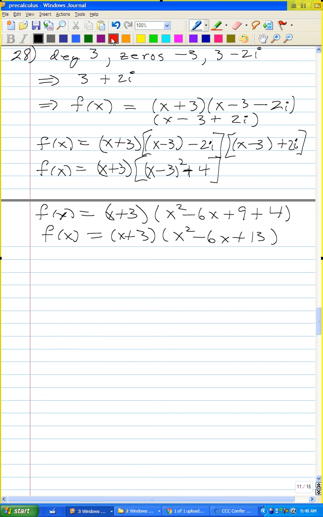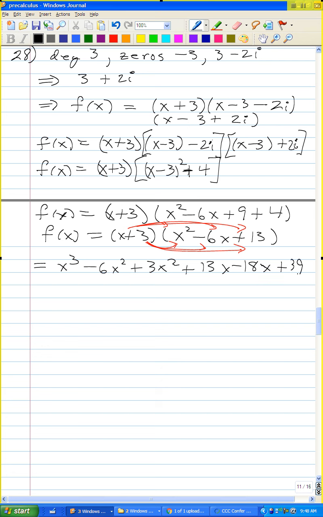Let me multiply x and 3 inside the parentheses. So I get x cubed minus 6x squared plus 3x squared plus 13x minus 18x plus 39.